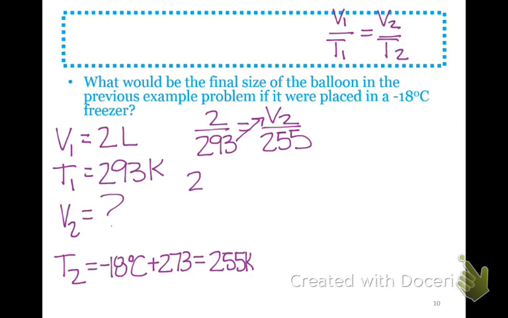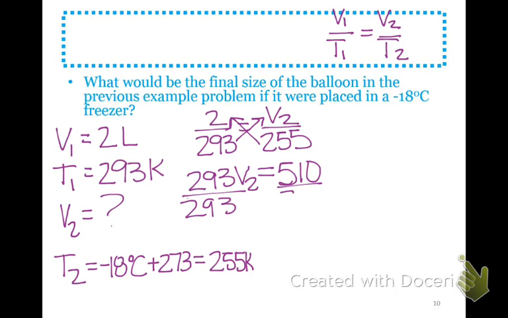Again, cross multiply, 293 V2 is equal to 255 times 2, which is 510. Divide each side by 293. 510 divided by 293 is V2, which is 1.7 liters. And that's it. That's Charles' law.